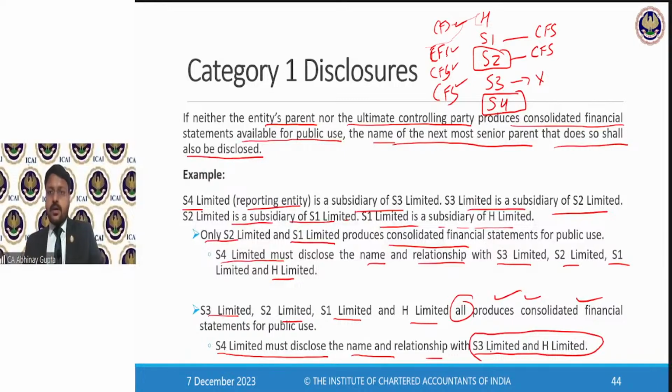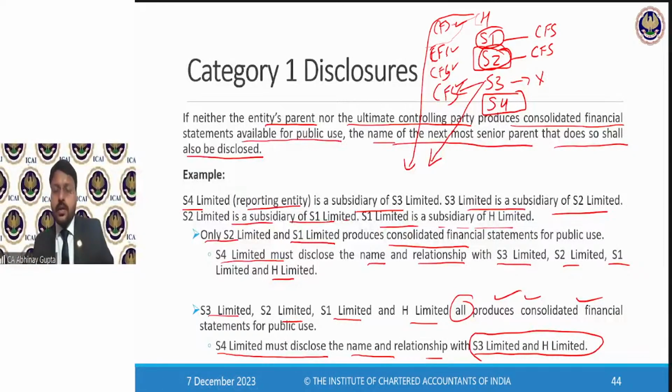In that case, S3 Limited, because it is preparing CFS, right? So we will say S3 Limited is our holding company and H Limited is the ultimate holding company. And S1 and S2 are not required to be disclosed here, because anyway S3 is preparing the CFS. So we will skip S2 and S1 in this case.